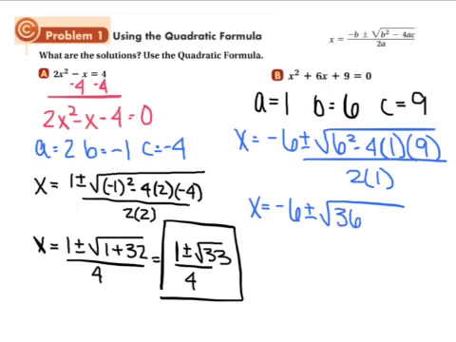Six squared is 36. Negative 4 times 1 is negative 4. Negative 4 times 9 is negative 36. All over 2. So then when I simplify further, I get negative 6 plus or minus the square root of 0 over 2.